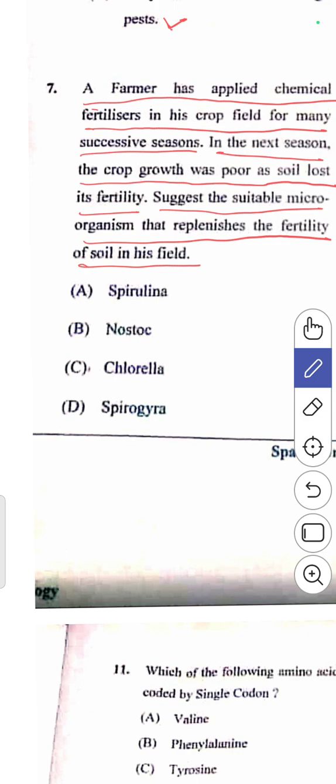So in order to replenish the same soil fertility, what should be used? So here the Nostoc. This Nostoc will help in replenishing the soil fertility. So B is the right answer for this question.